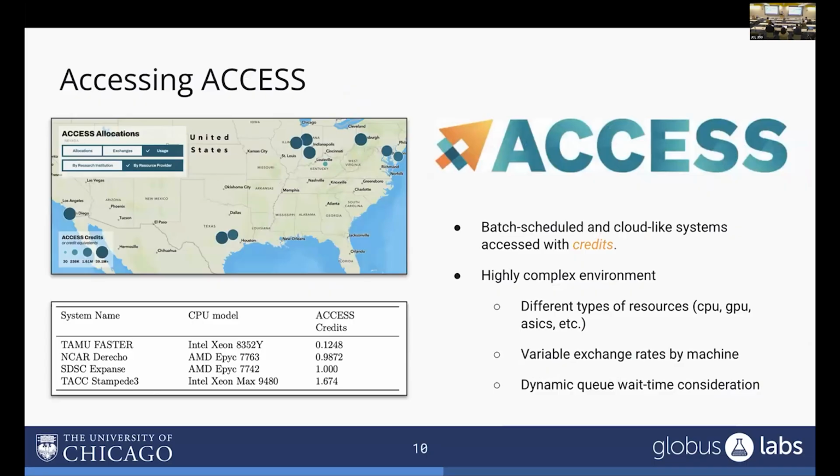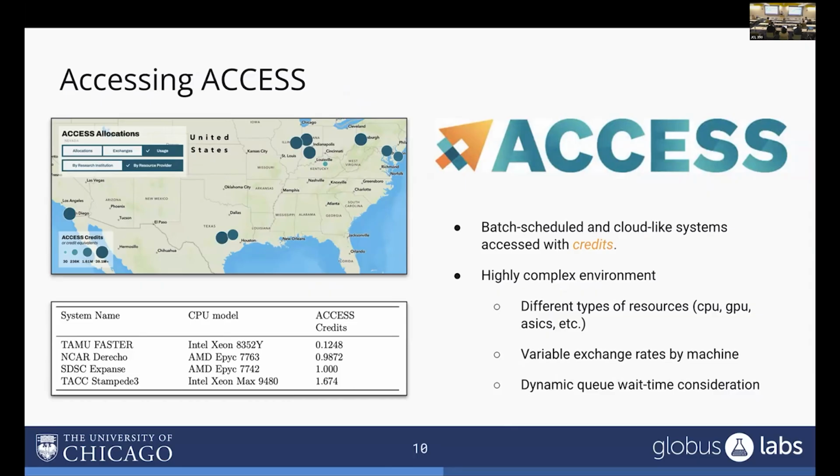The interesting example is, many of you have probably heard of NSF ACCESS. I guess you could call it a consortium of all these different computing sites where people are donating or providing their resources through ACCESS, where you have this conception of a credit. And a credit is a very ambiguous thing because it means something different to all the computing sites. And I know some of those sites are here, so I won't badmouth any specific sites.